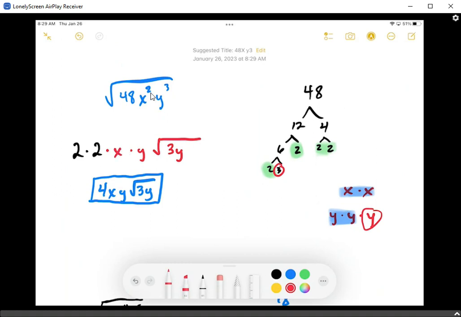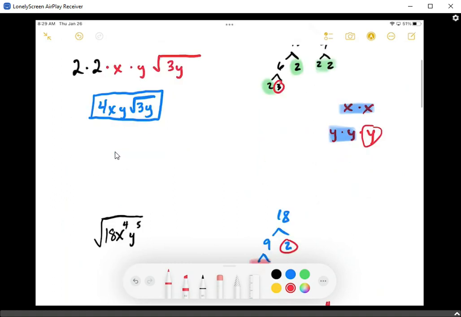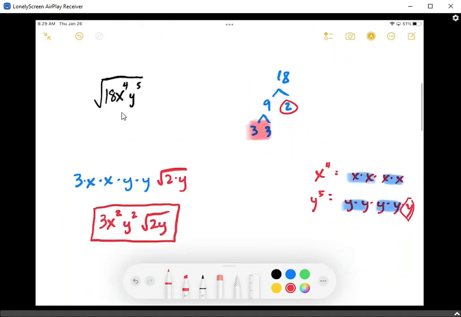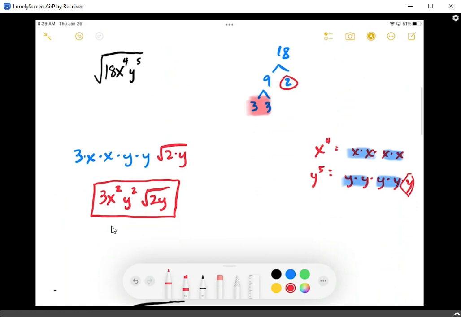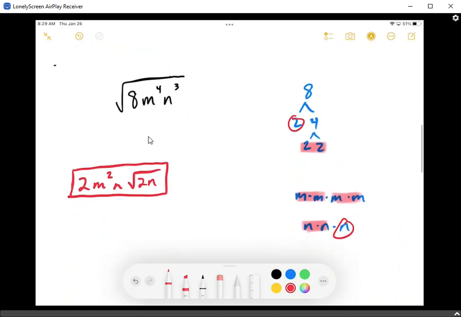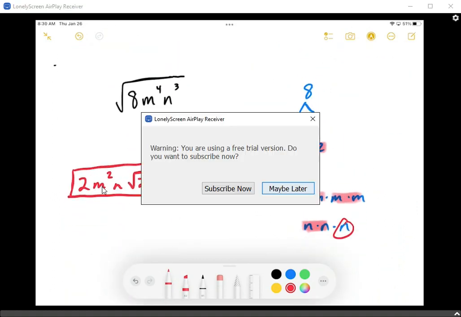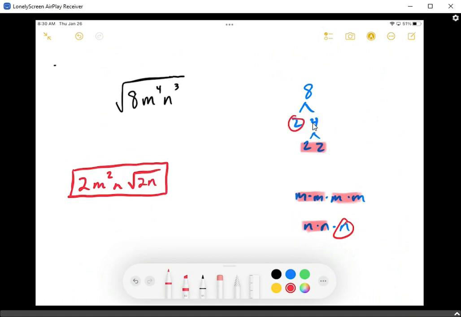On this first problem, we had x squared, so 1 x shows up outside. On this one, we had x to the fourth, and on the outside shows up x squared. On this one we just did, m to the fourth shows up on the outside as m squared. So that's something to pay attention to.